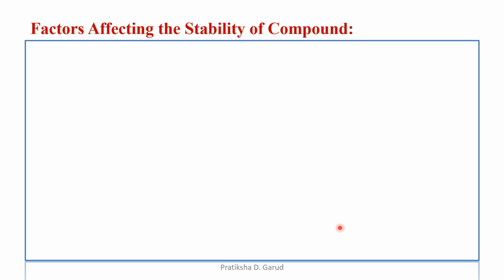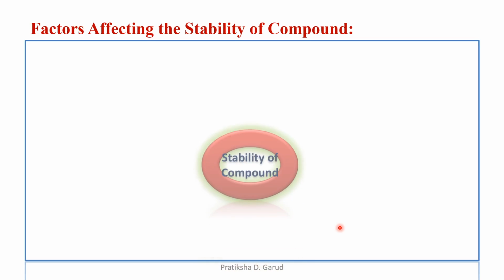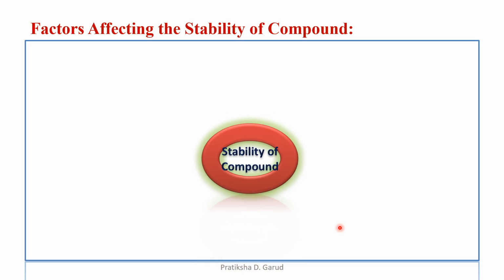Let us move to the next point, that is the factors affecting the stability of compounds. So how many factors are there which affect the stability of the compounds? The stability of the compounds depends upon three factors.